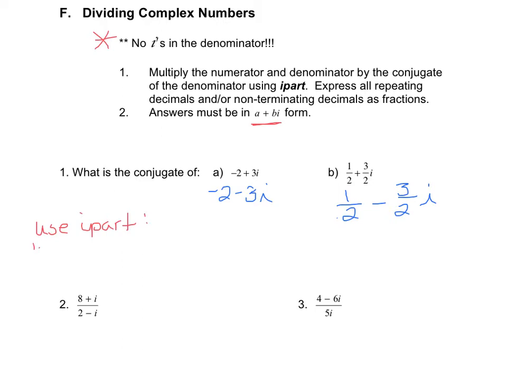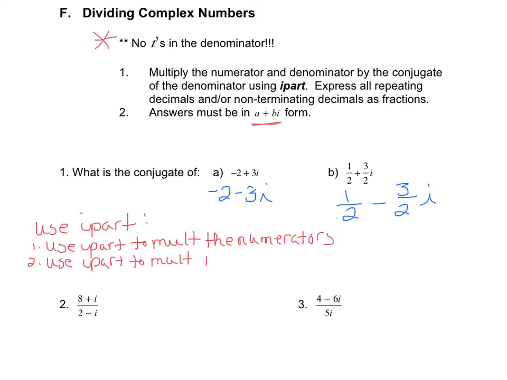Step 1, you're going to use I part to multiply the numerators. Step 2, you're going to use I part again to multiply the denominators.